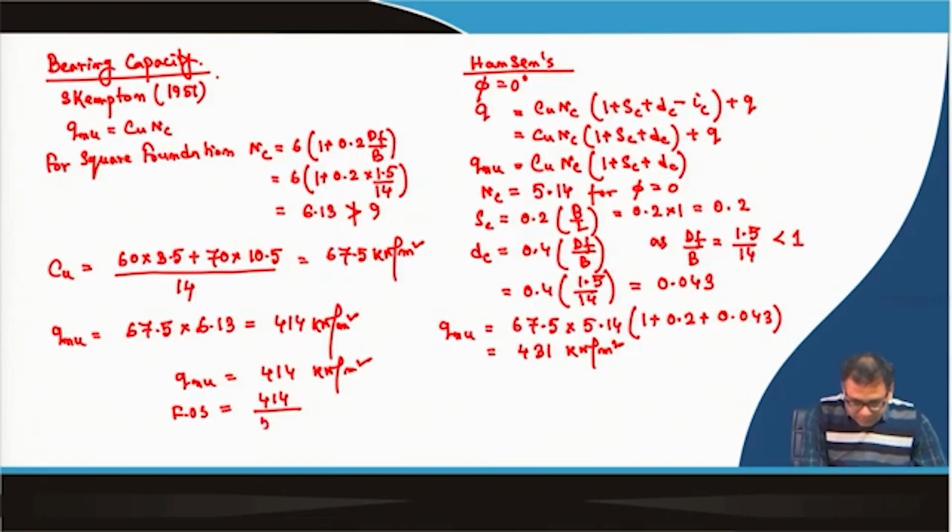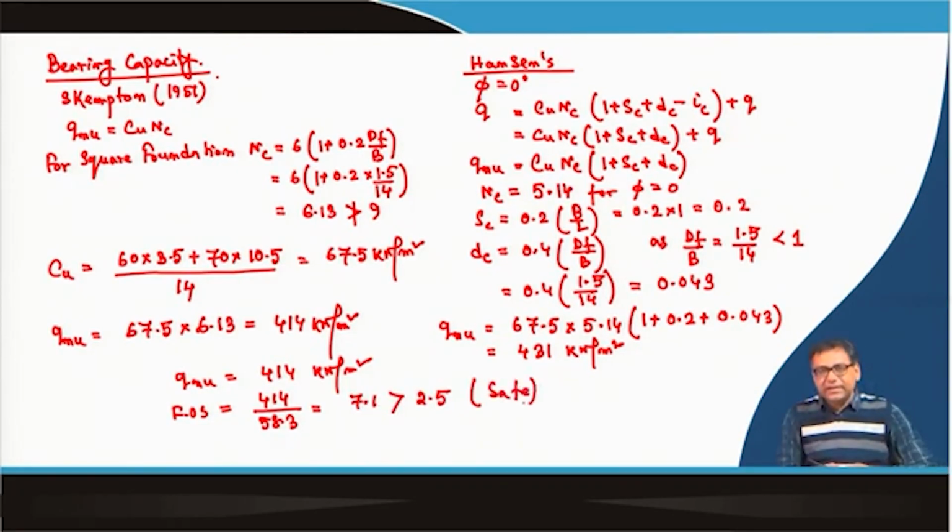So, this value is 7.1, which is much more than the 2.5. So, as per the bearing check it is over safe. So, we have done the checking for bearing only and as per this checking it is over safe.